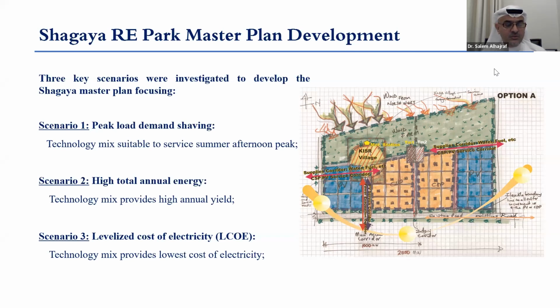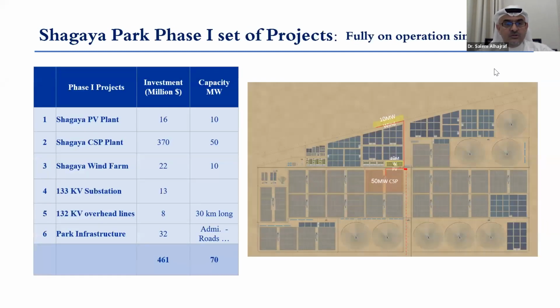And the third scenario, we focused on the lowest levelized cost of electricity. Based on these 3 scenarios, different optimization processes and different technology mixes were tested until we reached the final master plan at that time, which was also reviewed in 2017, 2018.